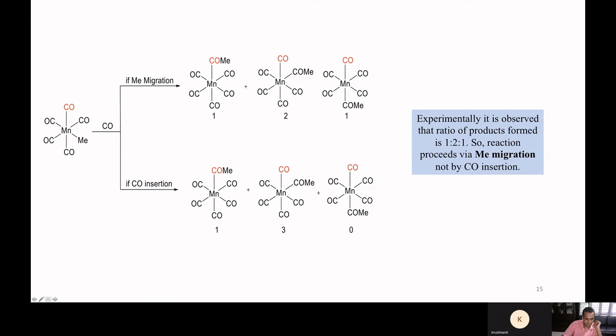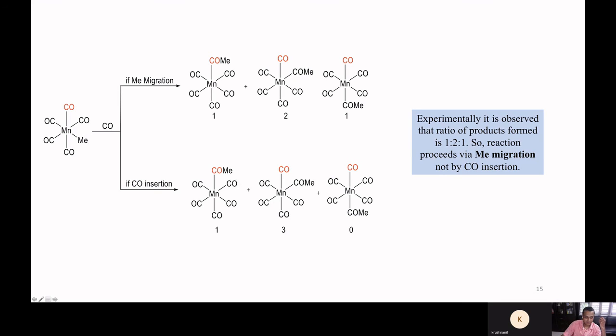But if this CO is inserting, then you will get a COMe. This is drawn incorrectly here. COMe in the equatorial position, trans to the other CO. It can be same as drawn, but it is 1:3:0 ratio, right?